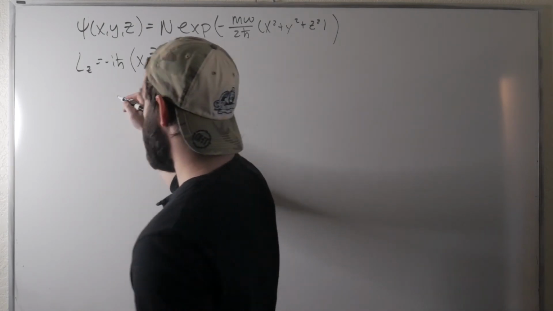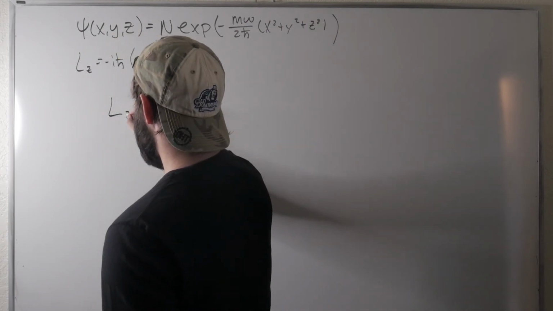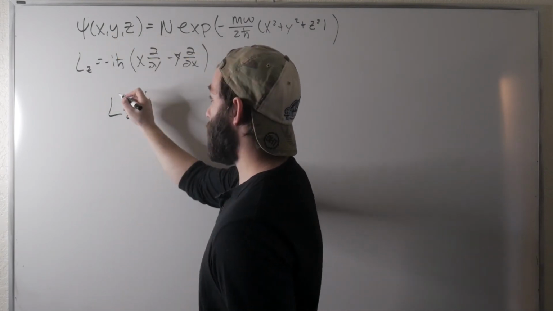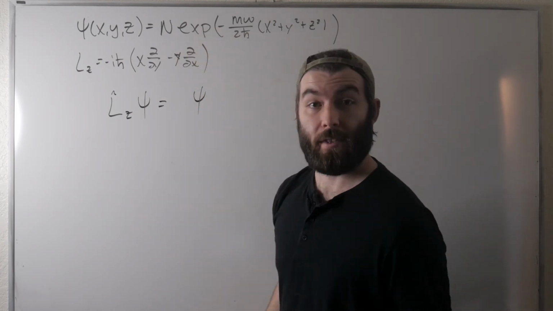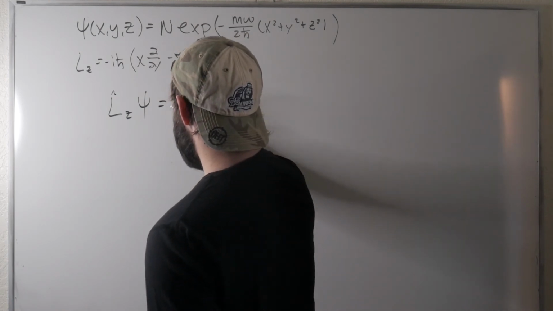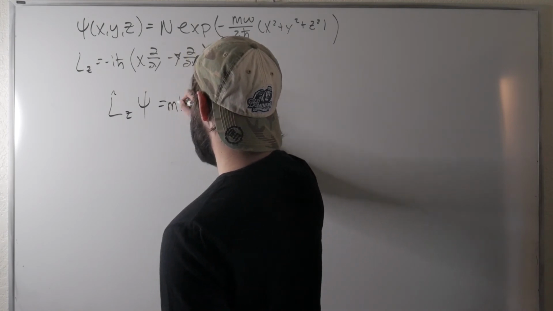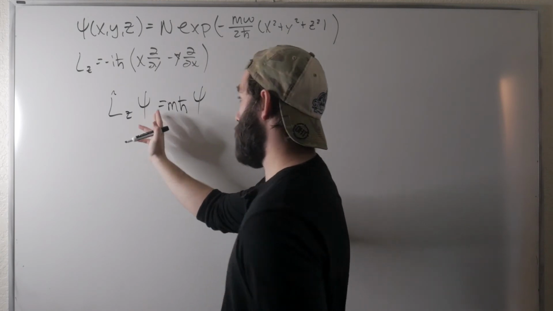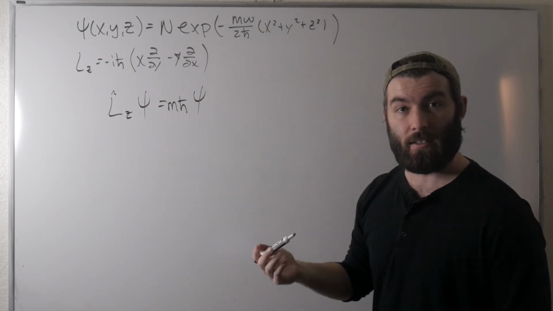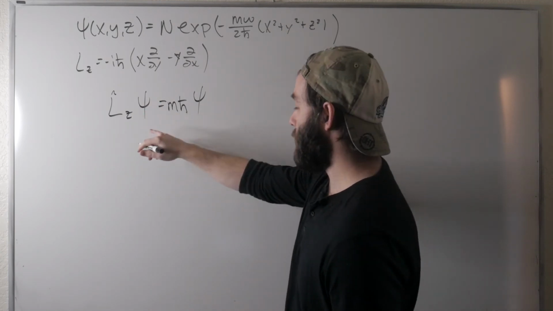In other words, when I operate on the wave function with the angular momentum operator, I should get back the wave function times a number. And that number ends up being some integer times h bar. The integer will end up depending on the state, the excited state, the energy level of the wave function.